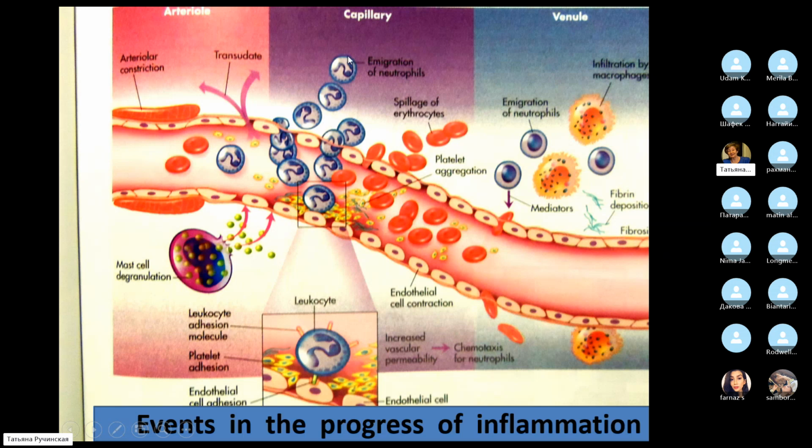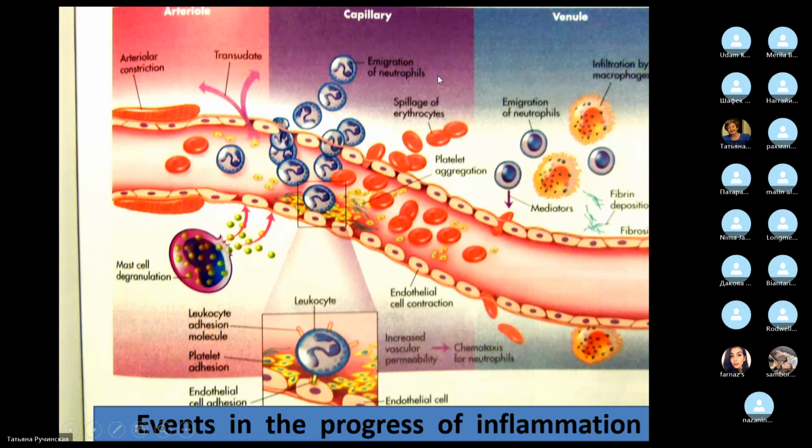This is an active effect. You see, if the basal membrane and the gaps between endothelial cells appear larger, there will be a passive outcome of erythrocytes to interstitial space.